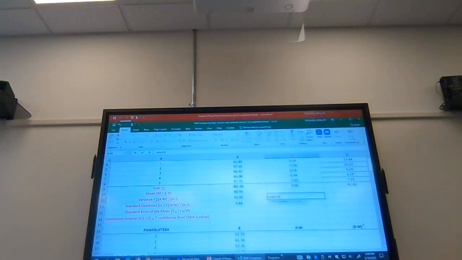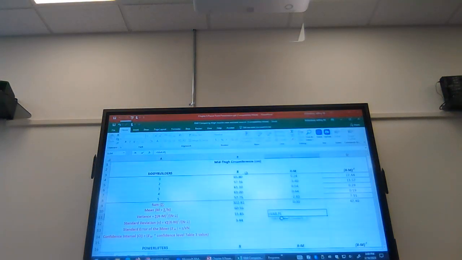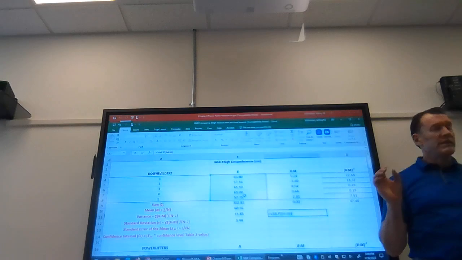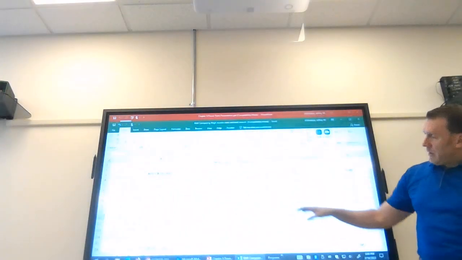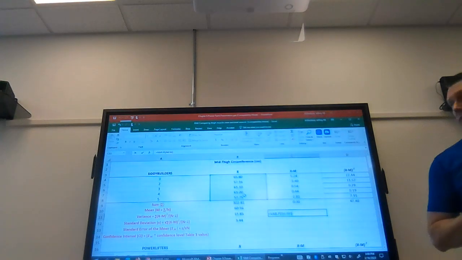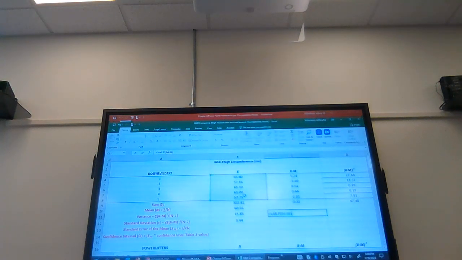And so all you need to do is just select your data range and close your parentheses. So VAR.P, because we don't want sample, we want population. Select your data, close your parentheses, and then you hit enter, and oh, that's surprising.